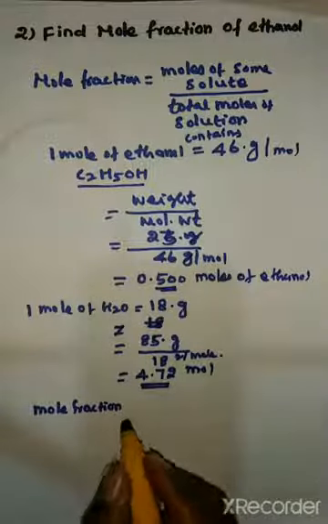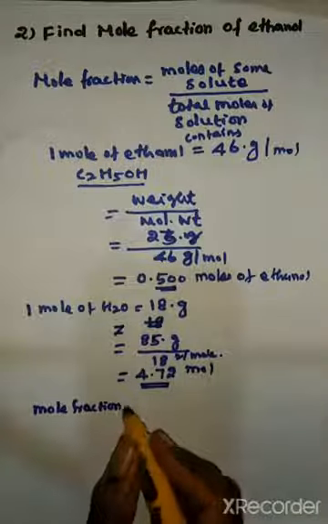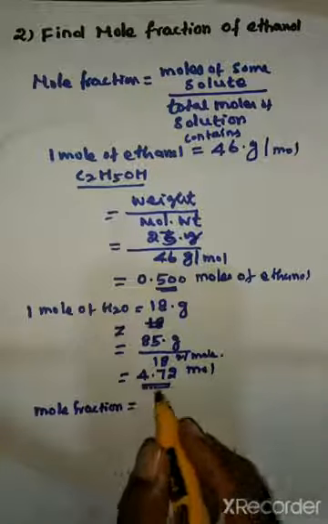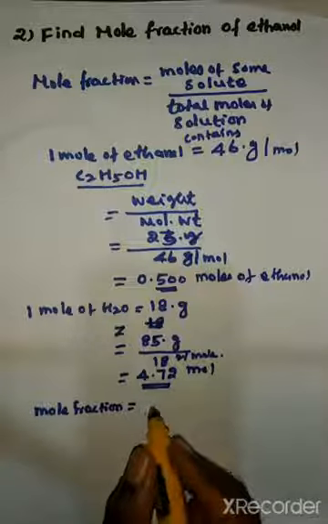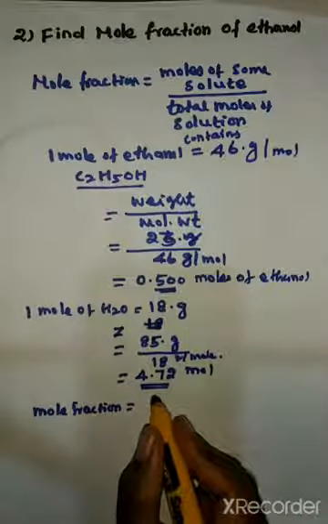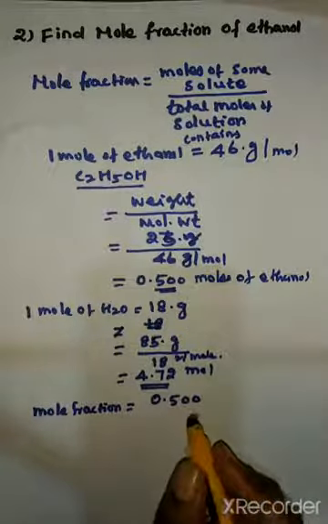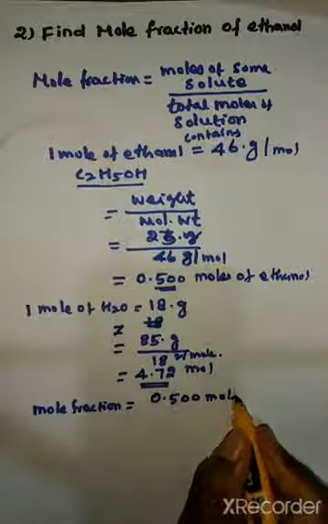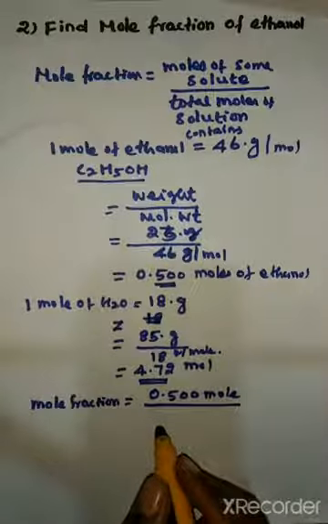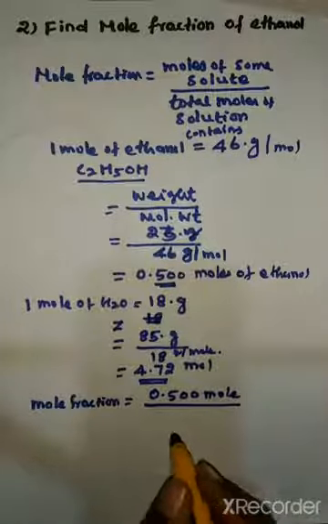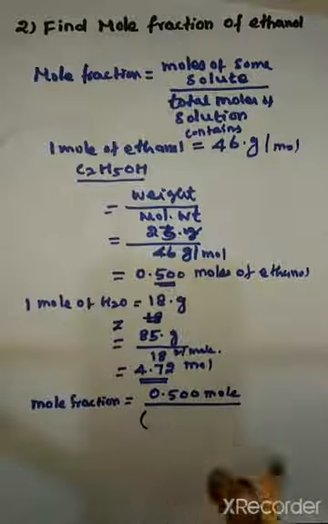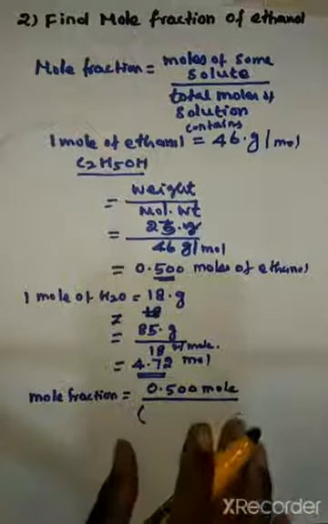What is mole fraction? We know the formula for the mole fraction already given. It is equal to moles of the solute, which we found, 0.500 mole, divided by the total moles of solution at the bottom. So we have to give the moles of the solute as well as moles of the solvent.